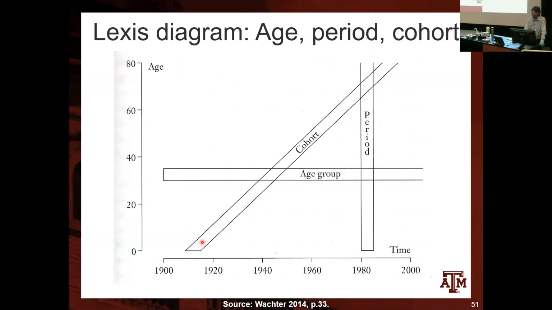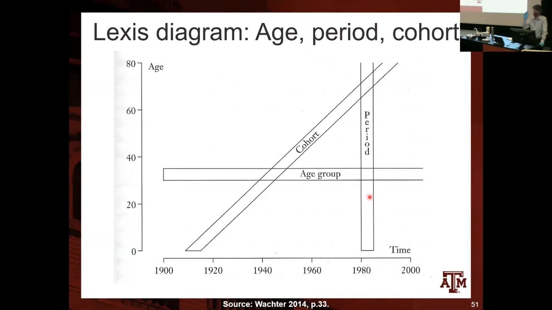But we also can follow people that were born around the same years and see how they go as they grow older. So when I have, for example, a census in 1980 here, and I count all people in that specific year in a specific country, I have period data.